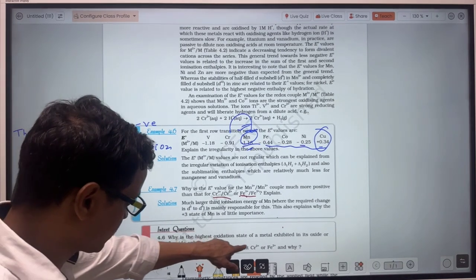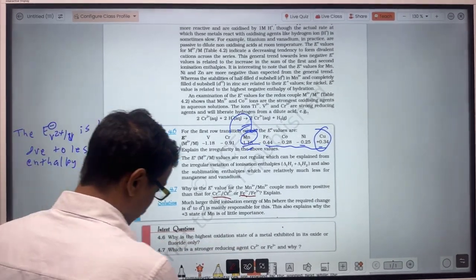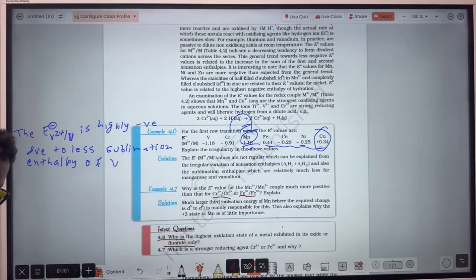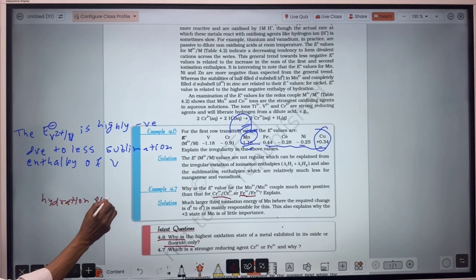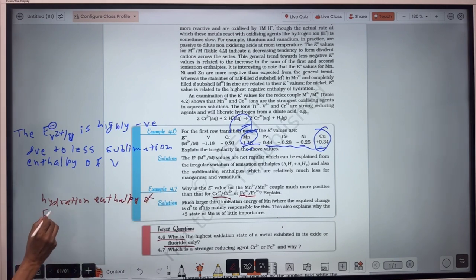Same here, why is the highest oxidation state of a metal exhibited in oxides or fluorides only? You are already aware that fluorine is a highly electronegative element, and in addition to that, the hydration enthalpy of F minus is highly negative.